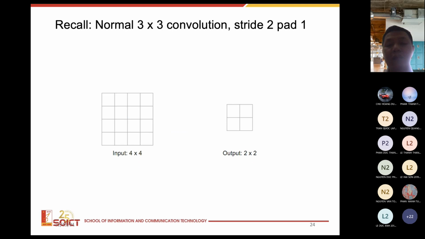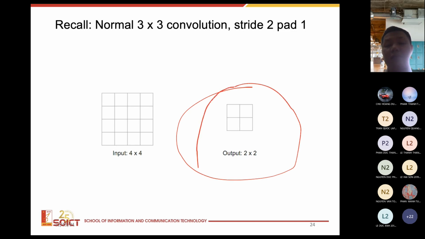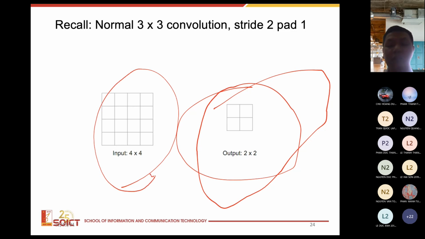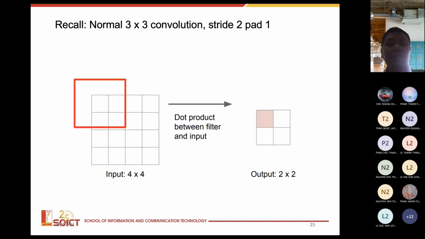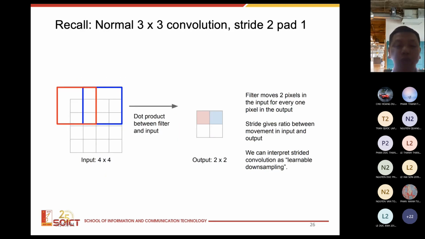In the case where we have stride 2 and padding 1, we have an output activation map that is smaller in size compared to the input of size 4x4. We again do the dot product, and with stride equal to 2, we move two blocks rather than one block, and that is why we have an output of size 2 by 2.